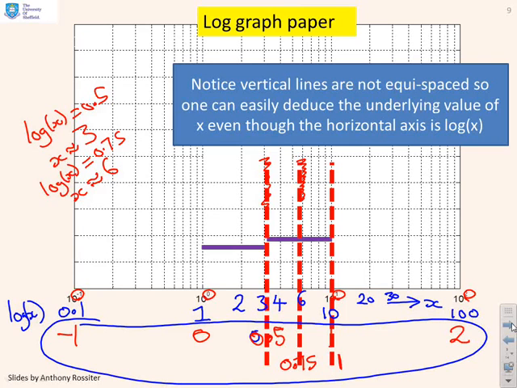So you know things like log 10 of 2 equals 0.3, log 10 of 3 is approximately 0.5, and so on, and therefore you can find the positions of these vertical lines and then write your graph paper in terms of the original variable x, which makes it easier to use.